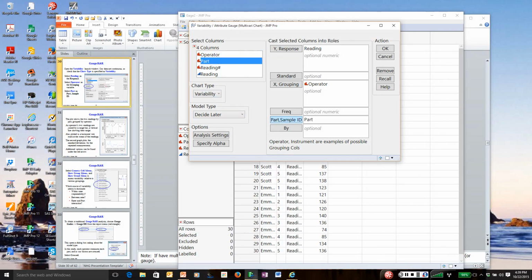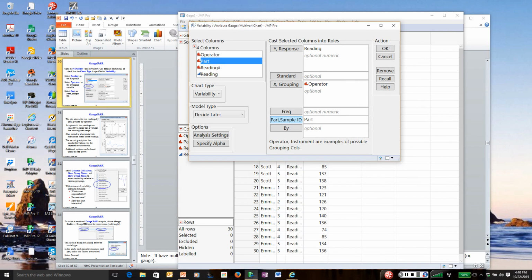So what JMP will do, it's going to sort out the measurement variation. It's actually also going to sort out the part variation. Remember, I'm not really interested in manufacturing variation in the fittings. I'm interested actually only in the variation in the measurement system.